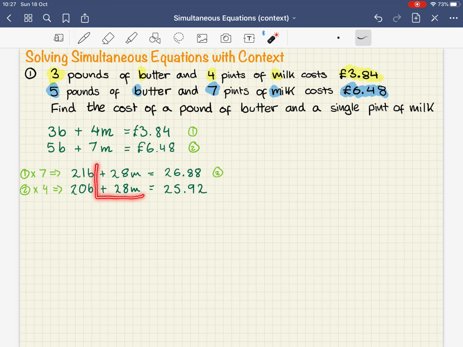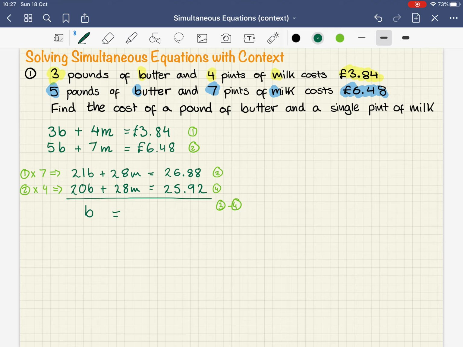Then looking at my centre here, they're both pluses, so that means I need to subtract them. And I lined up quite nicely in that my top one is bigger than my second equation. So I am just going to do equation 3 take away equation 4. So 21 take away 20, that's just going to give me b on its own.